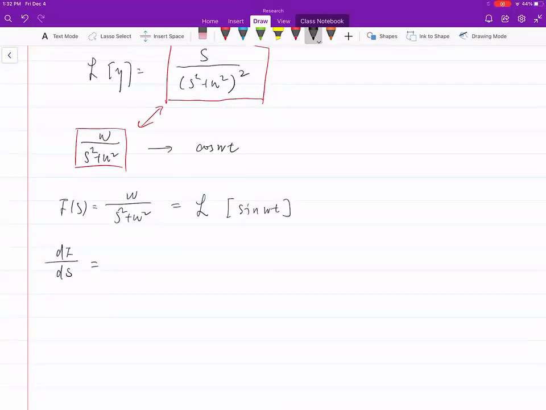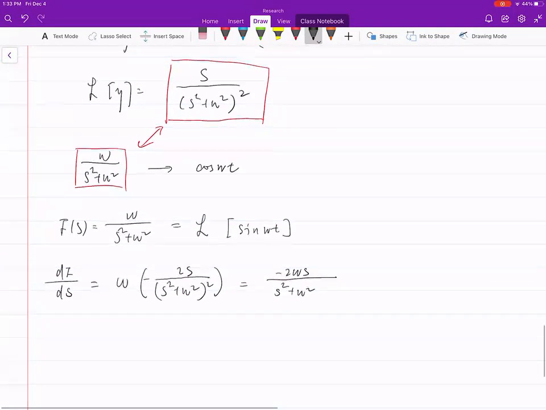That is going to give you omega, the derivative of the inside, which is negative times 2s. Okay. Square.